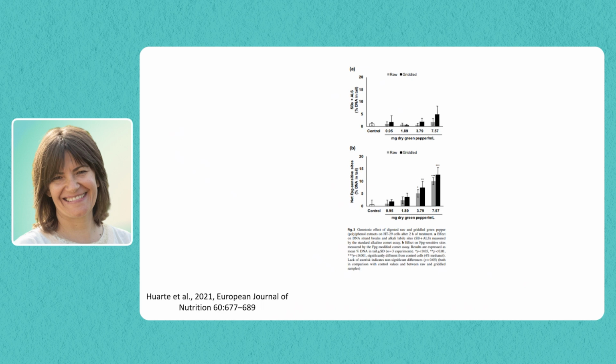If you look here, the strand breaks plus alkali labile sites, the standard Comet assay, nothing happened compared with the control. It doesn't matter if it's raw or grilled, nothing happened. But when we tried the FPG Comet assay, we saw a clear increase in the oxidized bases produced by this food, even if it was eaten raw or grilled.